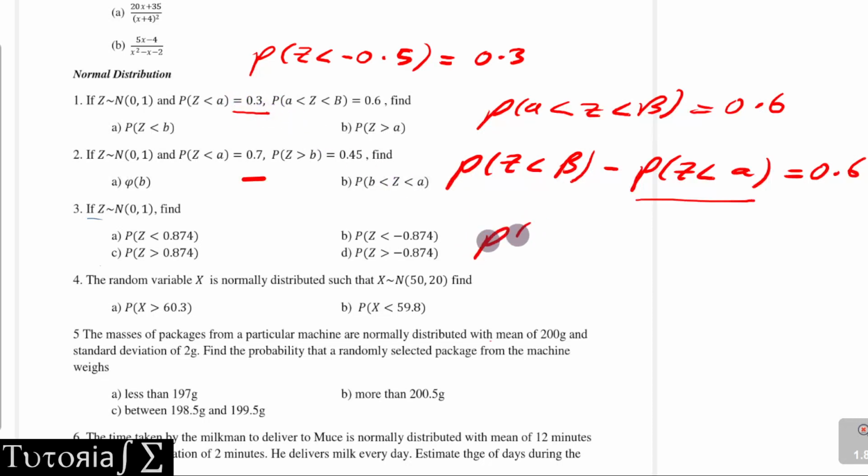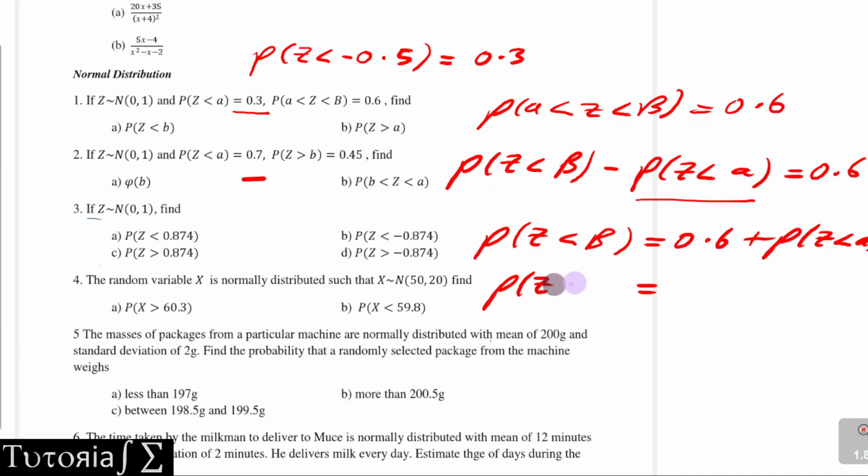So we can transpose this side, so the probability of Z less than B would be equal to 0.6 plus the probability of Z less than A.